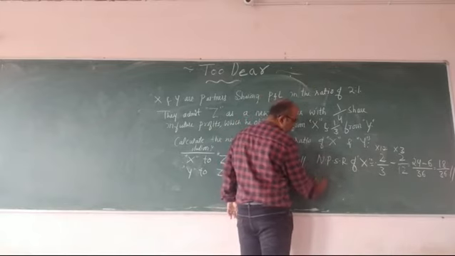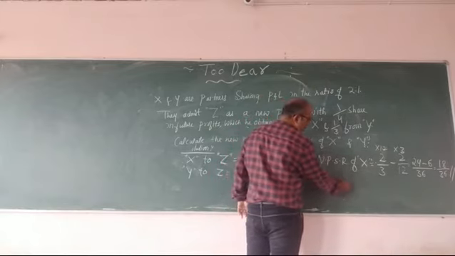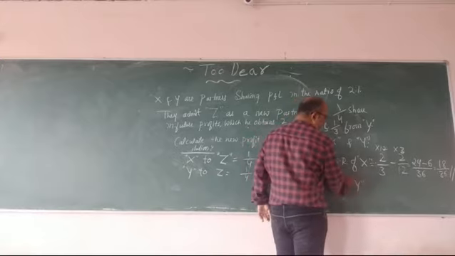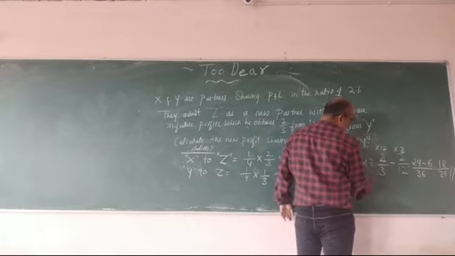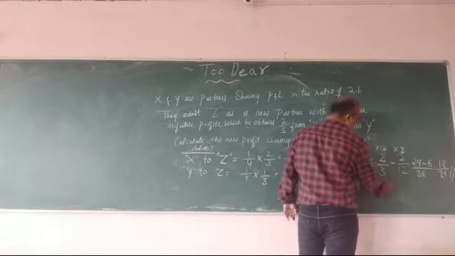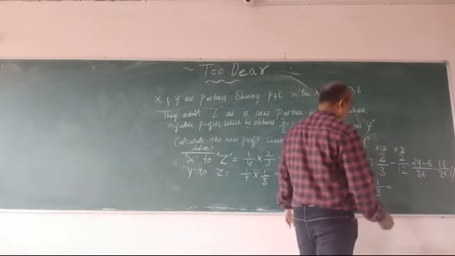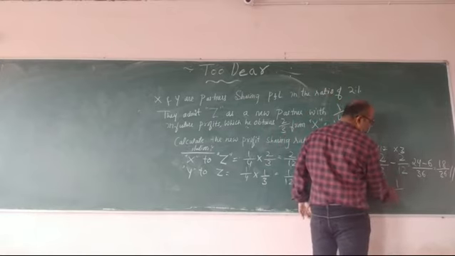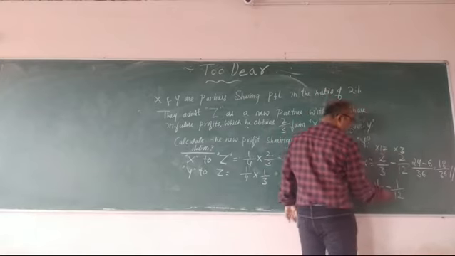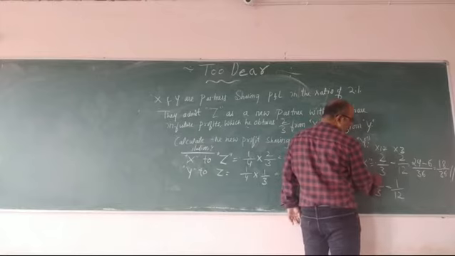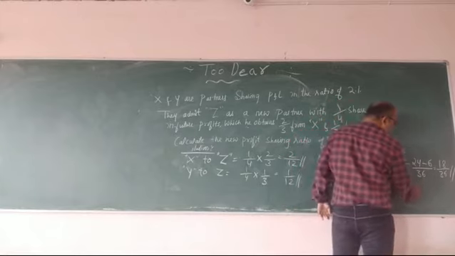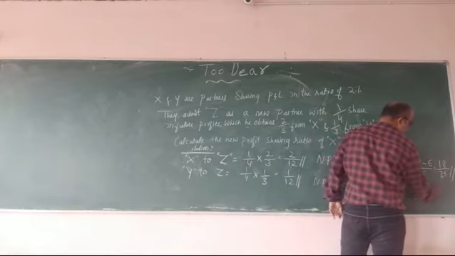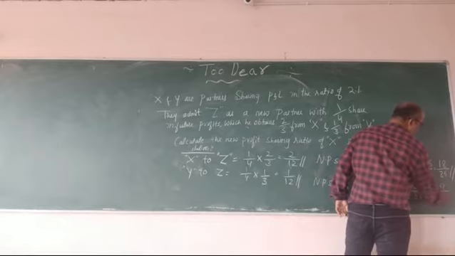New profit sharing ratio of Y. Its old ratio was 1 by 3, out of which he is sacrificing 1 by 12 towards the new partner. If you cross multiply this into 12 into 3, 12 minus 3 by 36 equals 9 by 36.